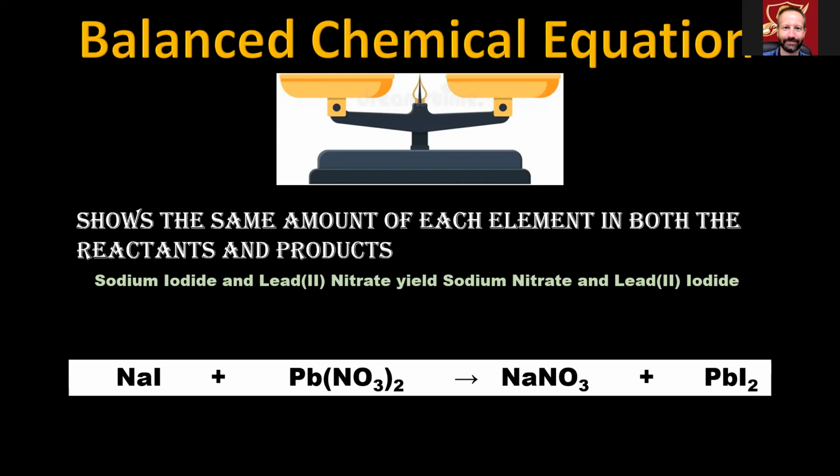Now, I don't think I left quite enough space on my third compound, but I was going to balance this here. And balancing is very, very much just accounting for all the atoms, making sure there's the same amount on both sides of the arrow.